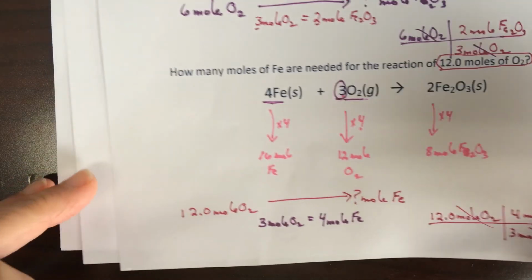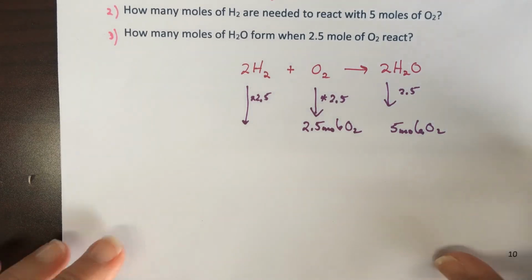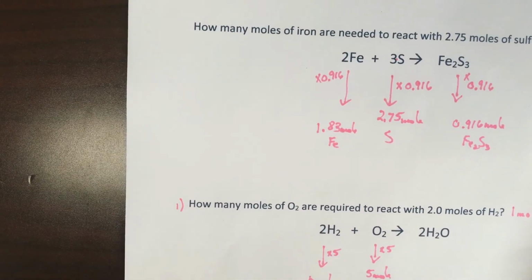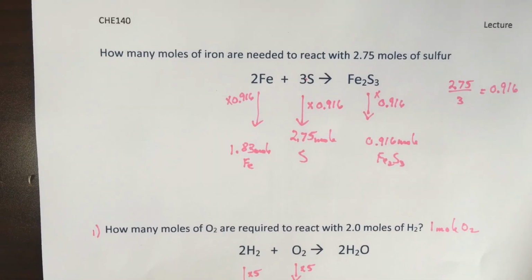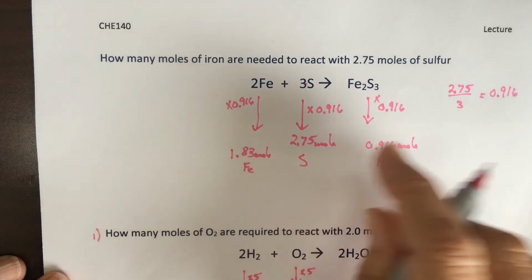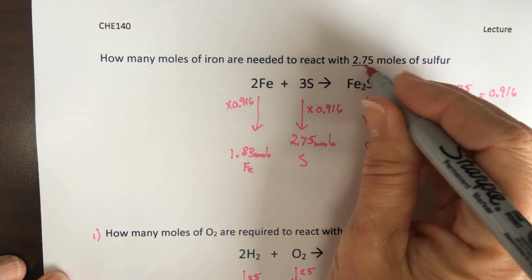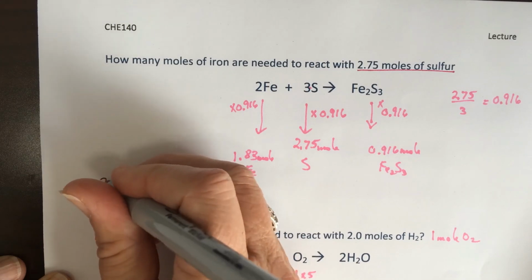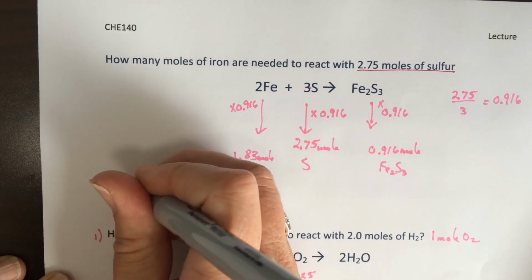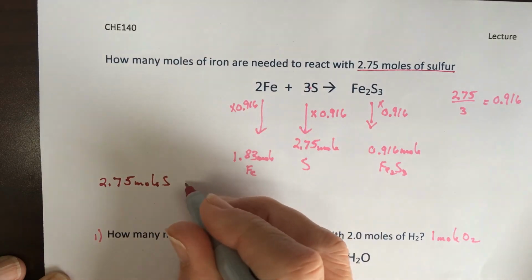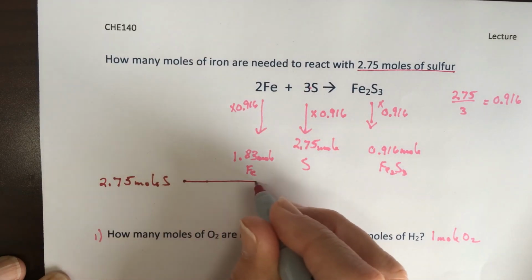Okay, let's look at one more. Here we've got moles of sulfur, 0.75 moles of sulfur, and we'd like to know how much iron it's going to combine with.